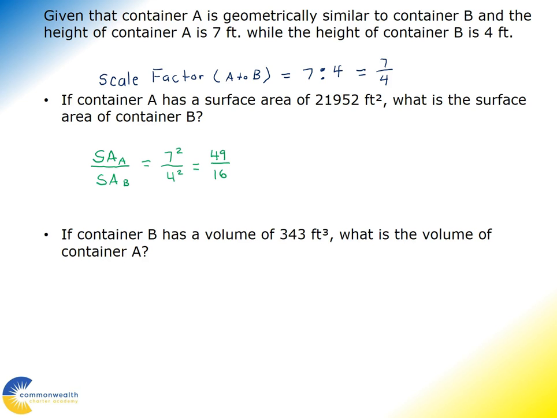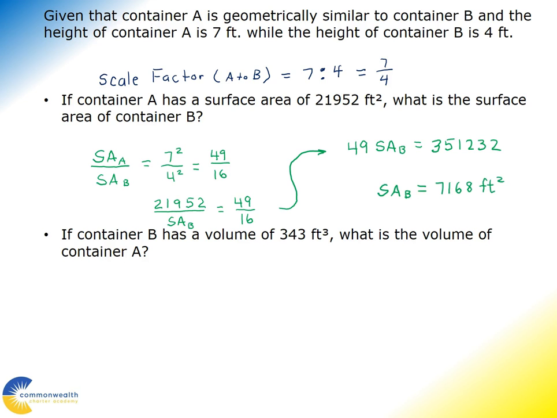And since I have container A being 21,952, and container A is, you can see, the bigger of the two, when I do the surface areas, I'm going to put the 21,952 on top over the surface area of container B. That should equal 49/16. And so I cross multiply and divide both sides by 49, and then I would get that the surface area of container B should be about 7,168 square feet.